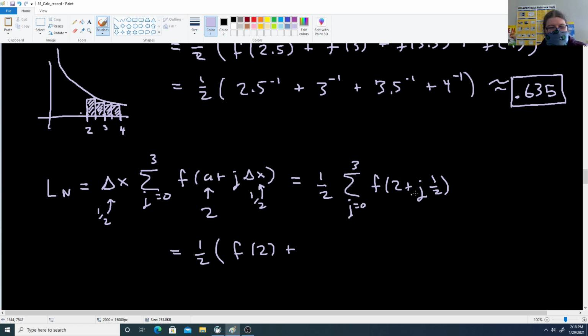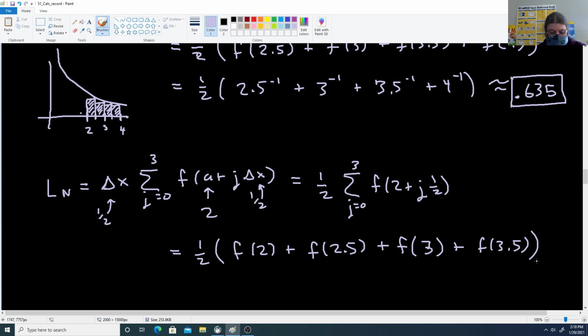Then j is 1, so we get 2 plus 1/2, which would be 2 plus 0.5. So that'll be f of 2.5. And then j is 2. 2 times 1/2 is 1, so 2 plus 1 is f of 3. And then we stop at j equals 3. That's 2 plus 3/2, which is 2 plus 1.5, which is f of 3.5.